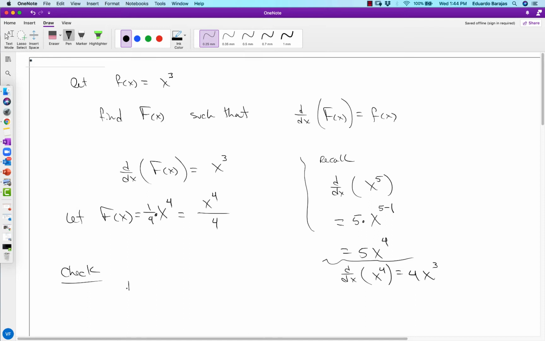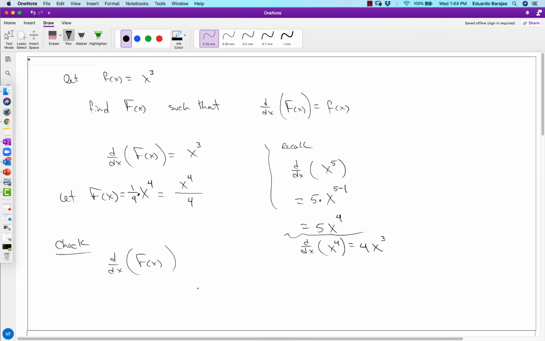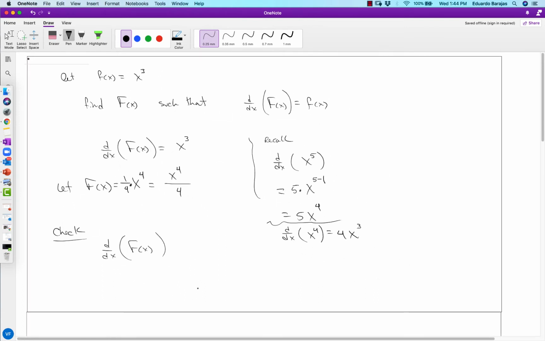Let's check. The derivative with respect to x of capital F of x, well, if this is the defined value, then this is going to be the same thing as the derivative with respect to x of 1/4 x to the 4th, and we know that that's going to be 1/4 times 4 x to the 4 minus 1, and now the 4 and the 1/4 cancel.